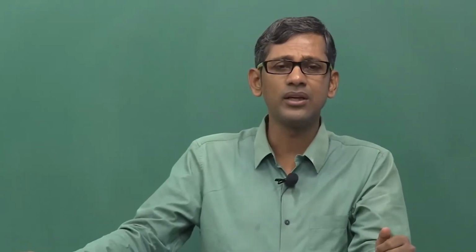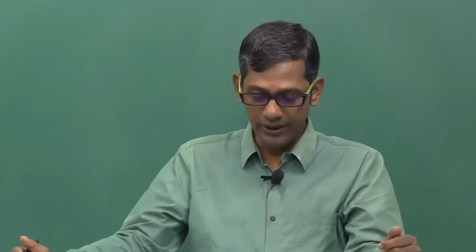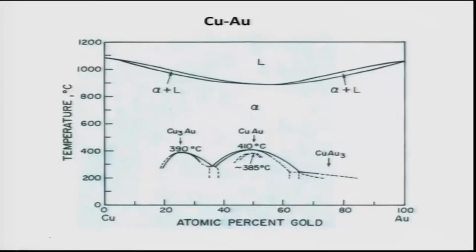These three phases are intermetallics because they are compounds, but they have a solid solubility range, like Cu3Au can form from about 20 atom percent of gold to about 35 atom percent of gold.